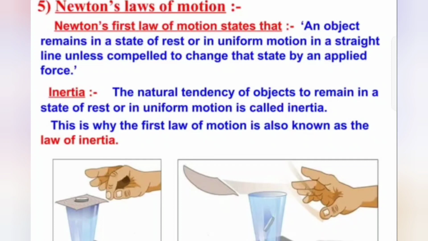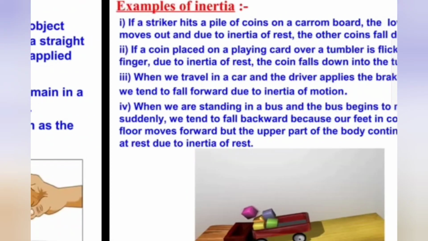So he's remaining at rest. That's what inertia is. It is the natural tendency of an object to remain in its position of rest. So when you don't apply an external force, it is its tendency to remain at rest. I hope you have understood. I have tried to explain, so let's go further.